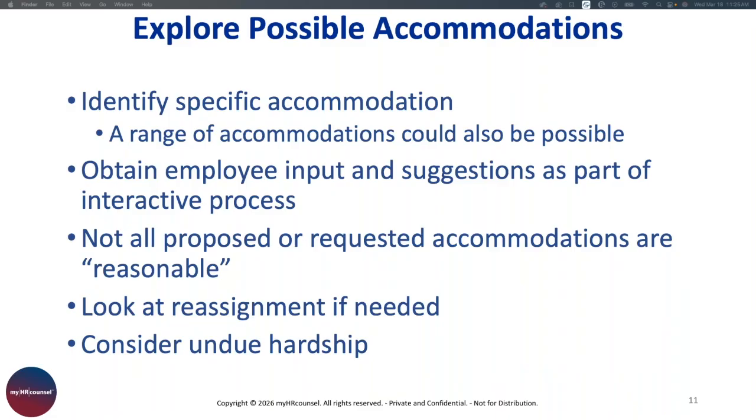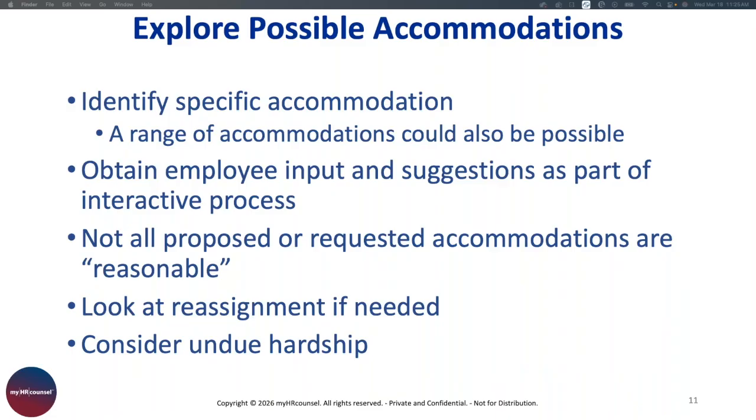You do not have to automatically promote a disabled employee. You do not have to help an employee become qualified for a vacant position. You do not have to reassign an employee in a way that violates your seniority system unless your system includes special circumstances or exceptions. And you do not have to excuse past misconduct before the employee requested an accommodation.